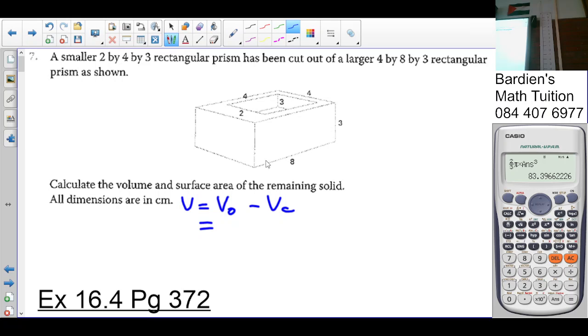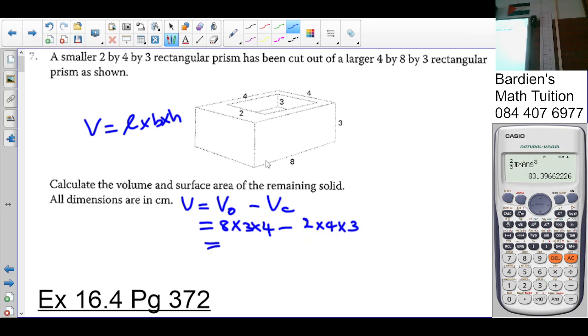How do you calculate the volume of a rectangular prism? Length times breadth times height. So my length is going to be 8 times 3 times 4. Not so? You all agree with that? Minus the volume of the cut out one, which is 2 times 3 times 4.